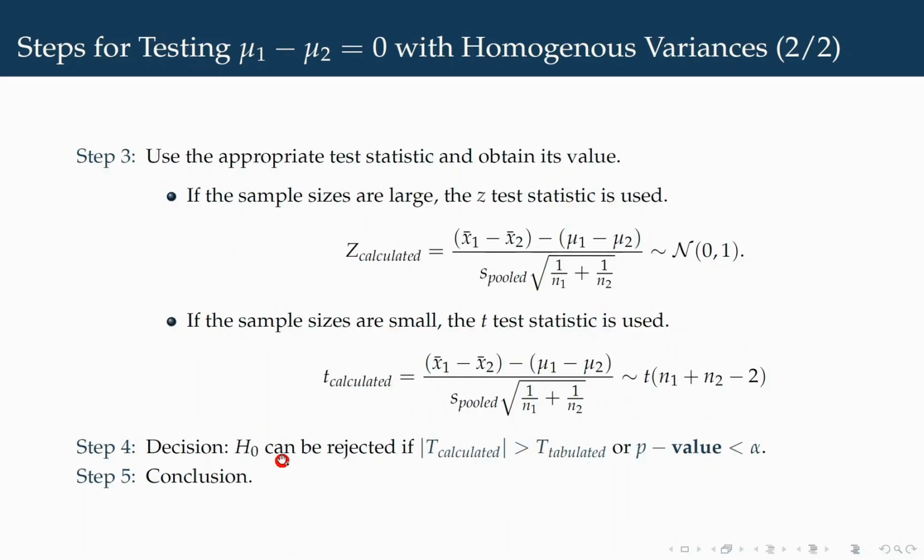That means if H0 is rejected, the two population means are significantly different. Or if the p-value is less than the specified level of significance, again H0 can be rejected. And based on our decision, finally we need to put a conclusion.